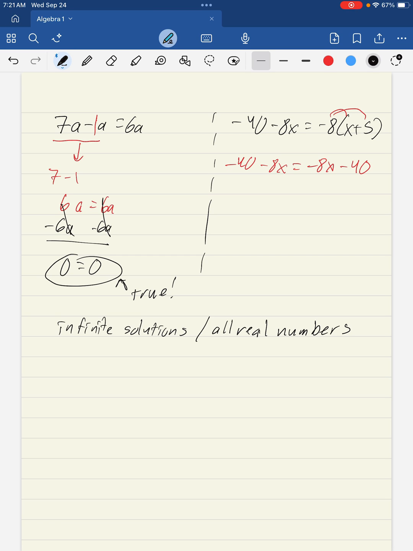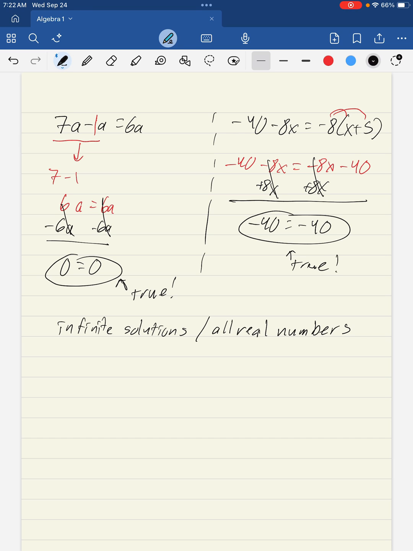I'm going to move my variables to the same side, plus 8x both sides. They both cancel, so we go negative 40 equals negative 40, and we're done. That is a true statement. So infinite solutions are all real numbers, whatever you want to put.